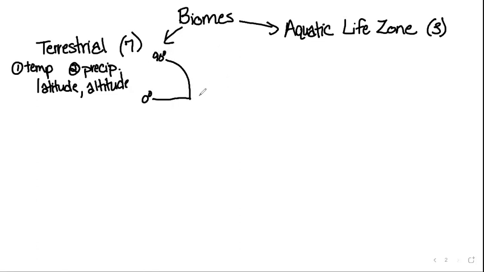So in latitude, we're looking this way. How far from the equator are we? Okay, in terms of altitude, say a mountain here. Altitude, we're looking at how far from the surface going up toward the atmosphere are we?